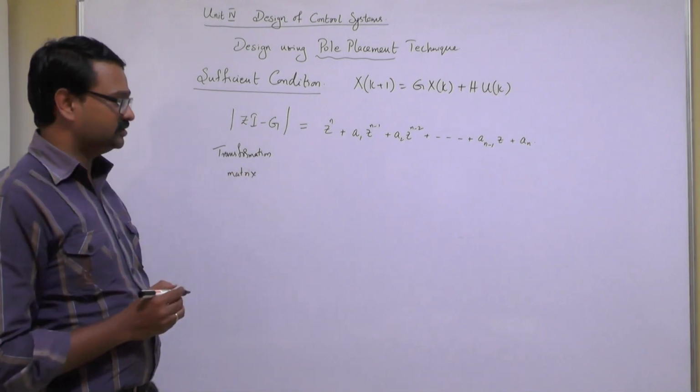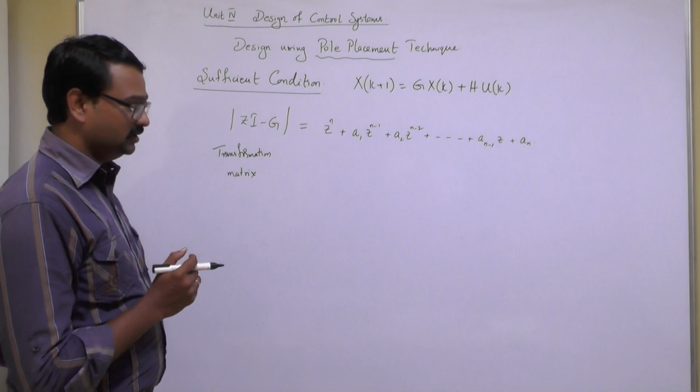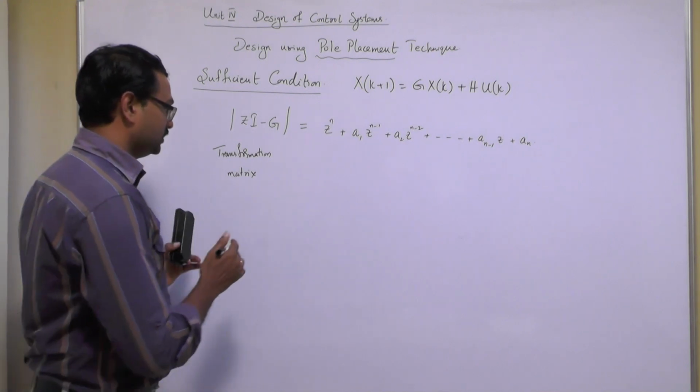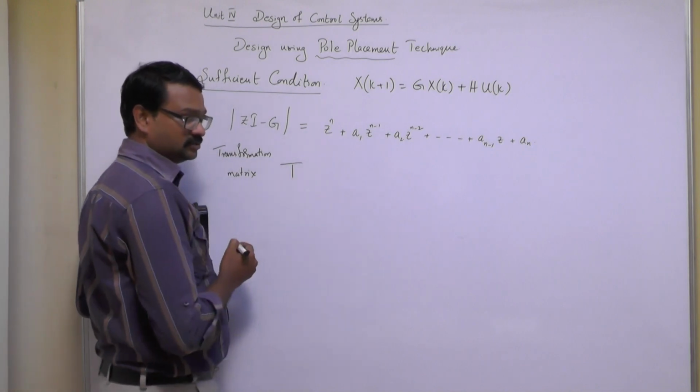In the previous case we discussed that P is the transformation matrix where a few state variables are not controllable, but here all the state variables are controllable.